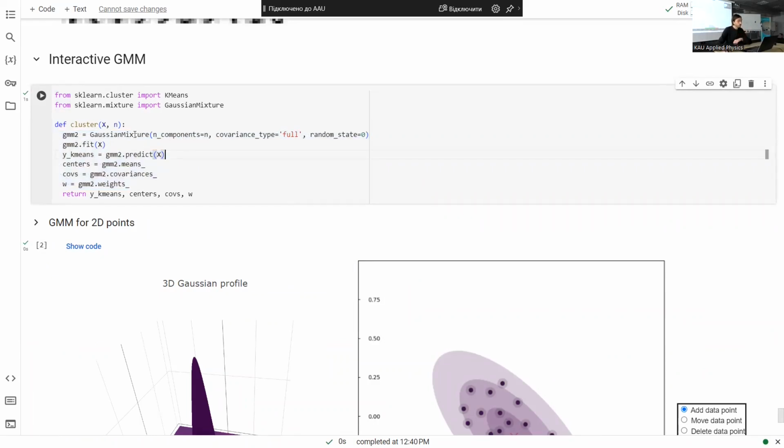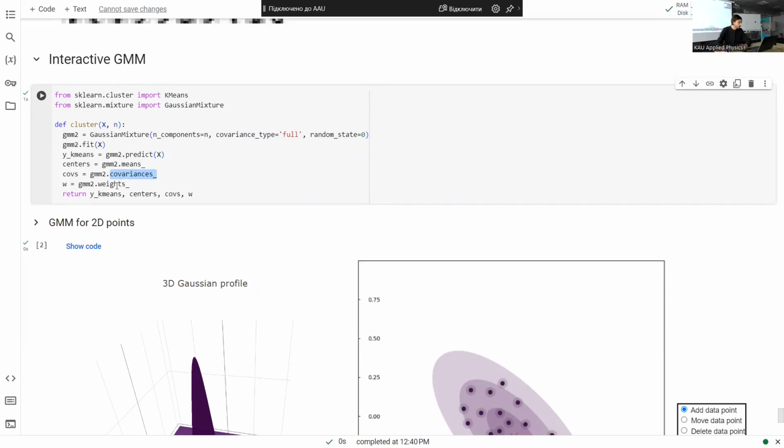And here is maybe the most interesting part of this example for you. This is how to get the parameters from the GMM that we have in sklearn. Here I'm setting the number of components and the type of covariance. Of course, you can change everything when performing fitting. And here you see how I get centers: you have the parameter means. How do I get covariances? Because probably you may want to do something with these normal distributions on your own.